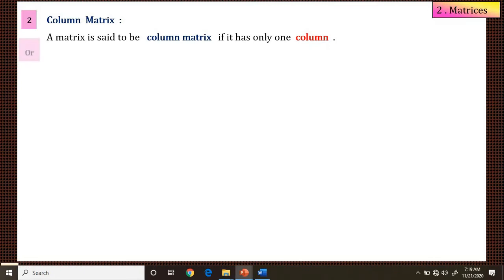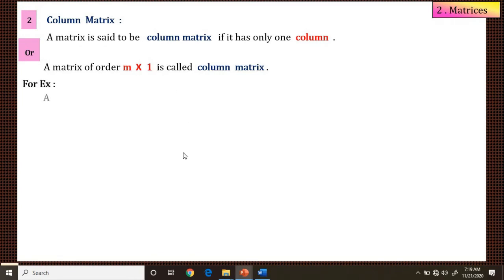Another definition of column matrix: a matrix of order m cross 1 is called a column matrix. In this order you can see that there are m rows and only one column, therefore this type of matrix is called a column matrix.